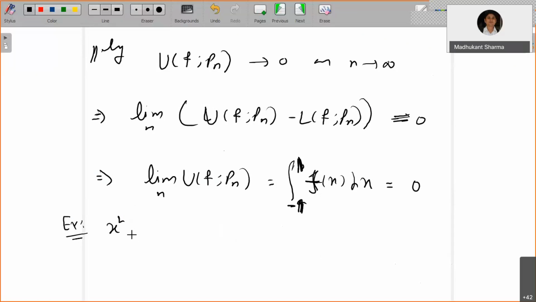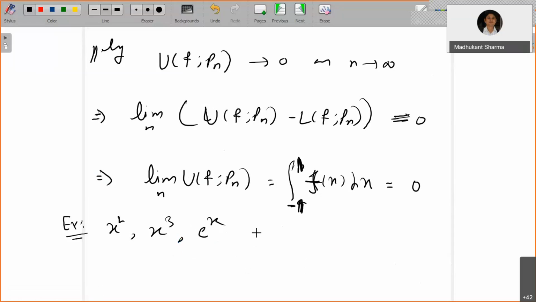For x cube, the derivative 3x square means it doesn't matter which side interval you take, it will always be increasing. And similarly, you can work with e to the power x. The derivative of e power x is e power x, which is also greater than 0, so it is always an increasing function. So you can work with this also, and so on.